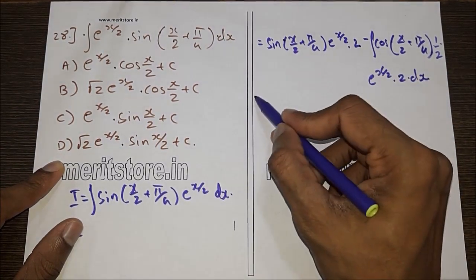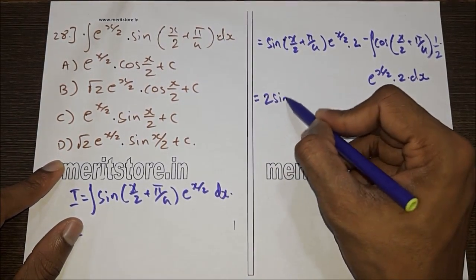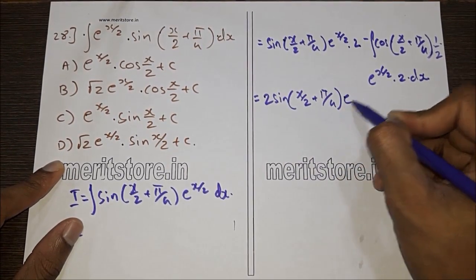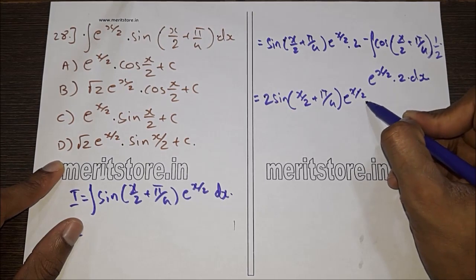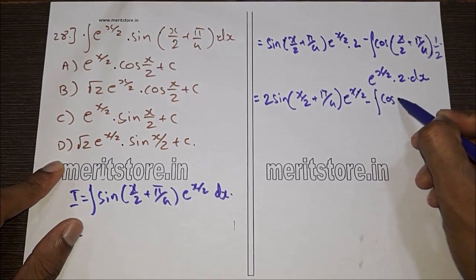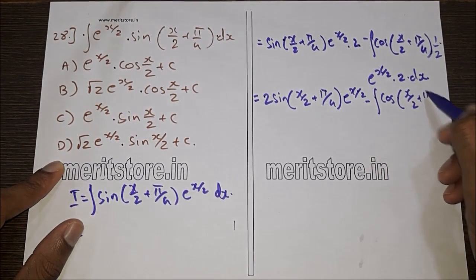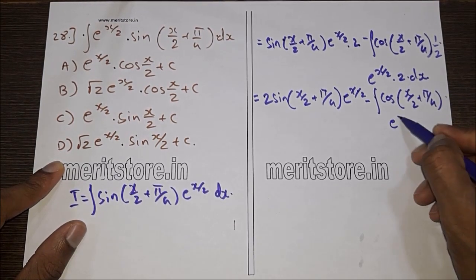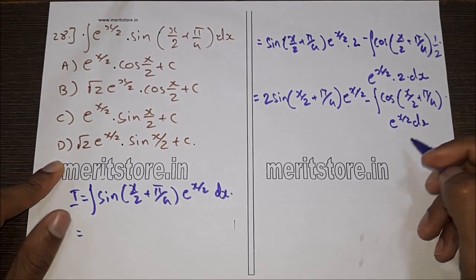Further, we can write this as 2 sin(x/2 + pi/4) e raised to x by 2, minus the integral of cos(x/2 + pi/4) into e raised to x by 2 dx.